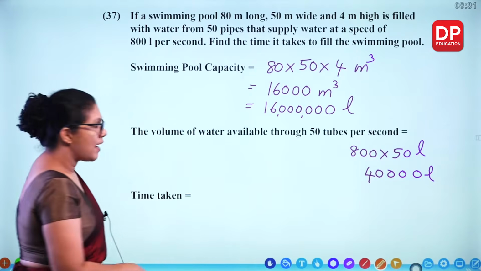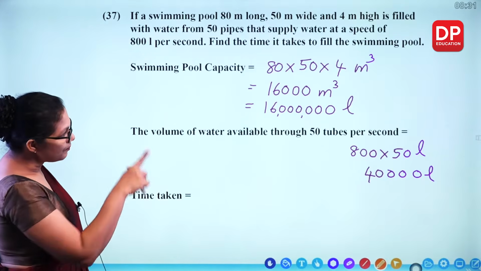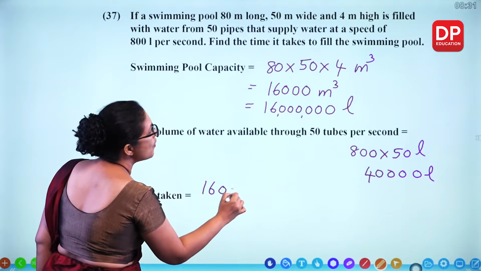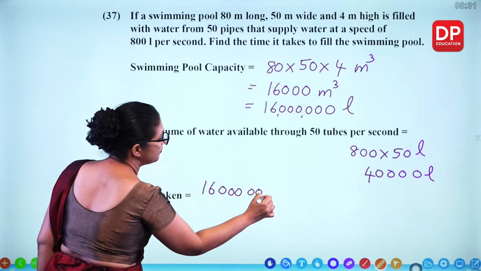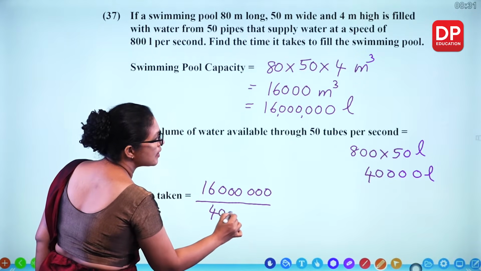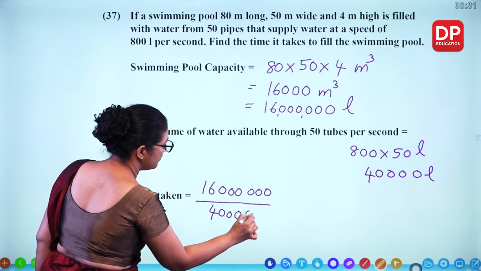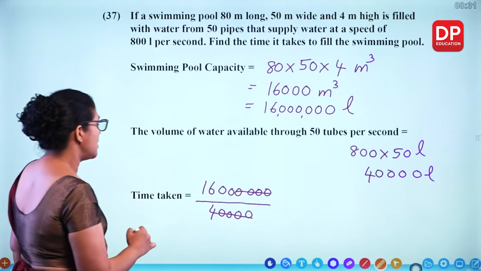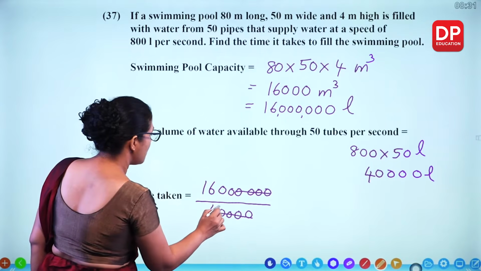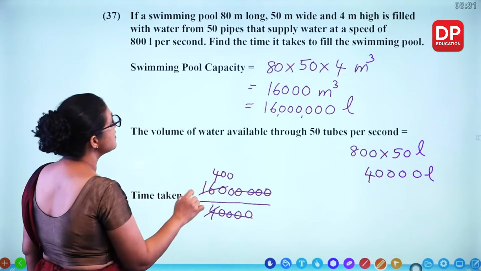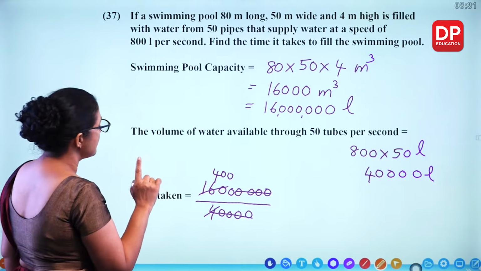And how can we find out the time taken? You have to divide these two. 16 with 6 zeros, divide by 4 with 4 zeros. So 4 zeros with 4 zeros. You get this one. Divide by 4, 400. So this is in seconds.